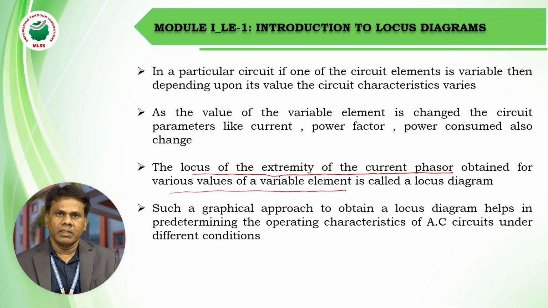For example, if we are considering any circuit and one of the circuit elements is variable, then depending upon this variable circuit element, the characteristics of the circuit change or vary.